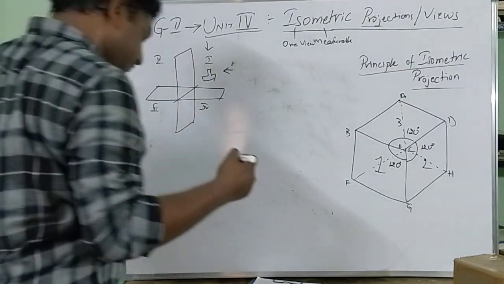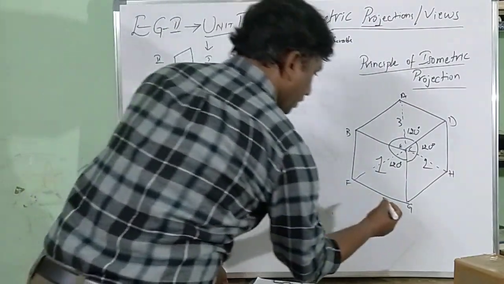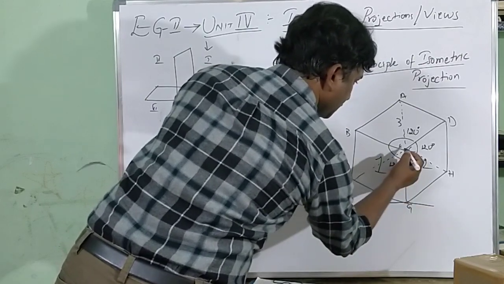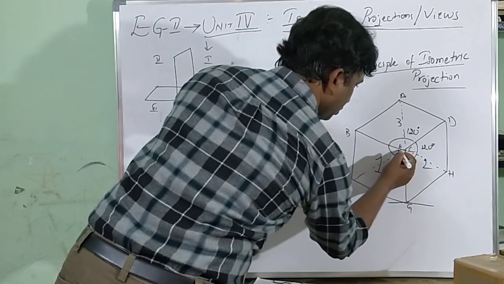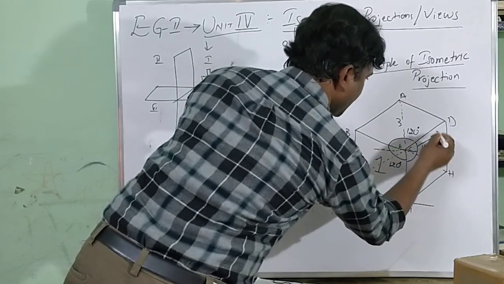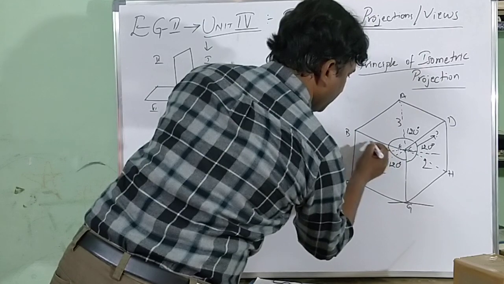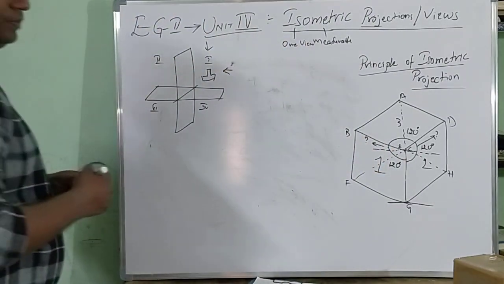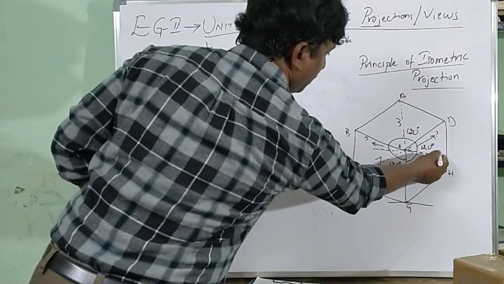Now think here, at this particular place, if you try to draw a line here, what will be the angle here? What will be the angle here? See, simple, it's a straight line I have drawn here.